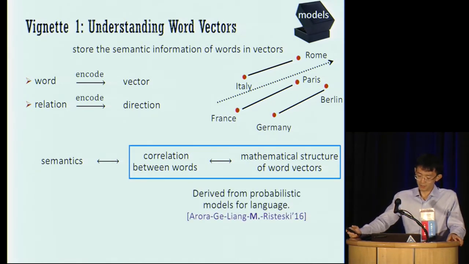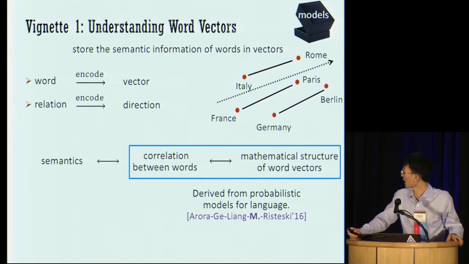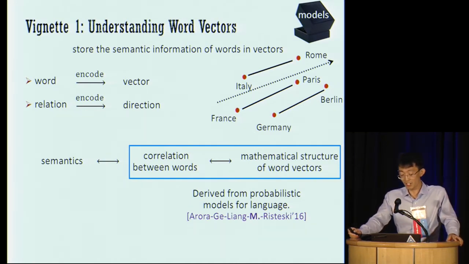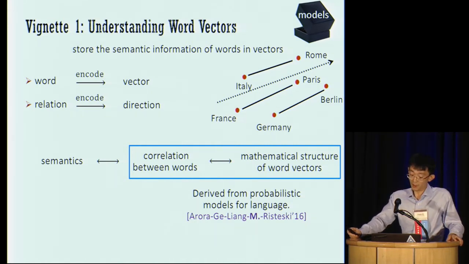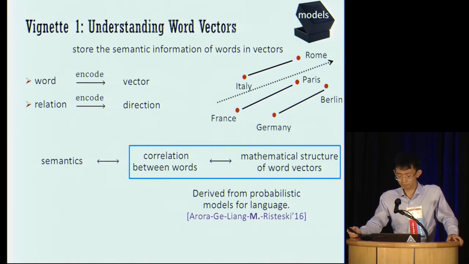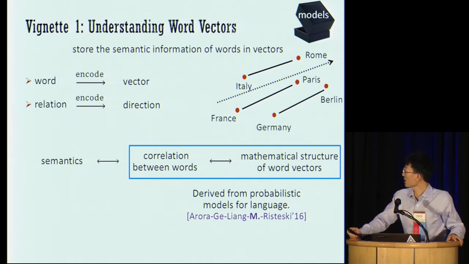What we have done here is complete the other connection, between the correlation of words and the mathematical structure of the word vectors. We design simplified probabilistic models for language, and we derive these connections formally from this probabilistic model. So this is a theory that explains why we can link the semantics to the mathematical structures of the vectors.